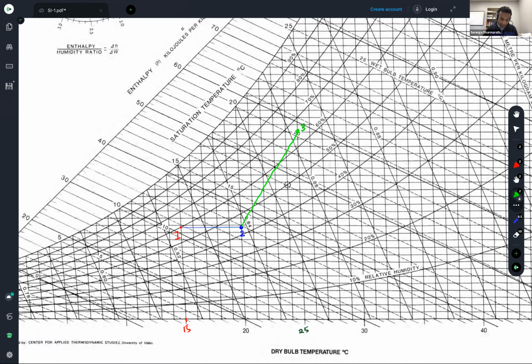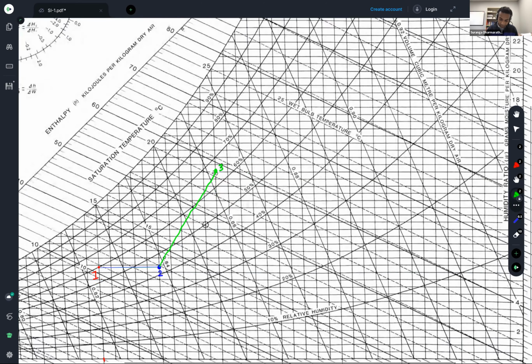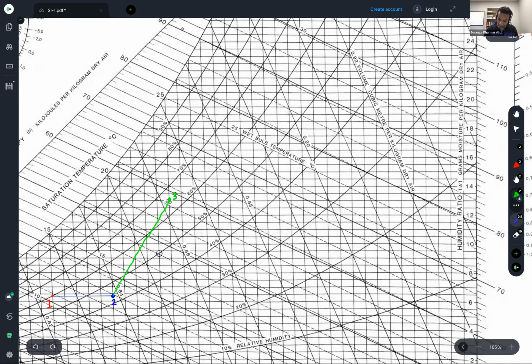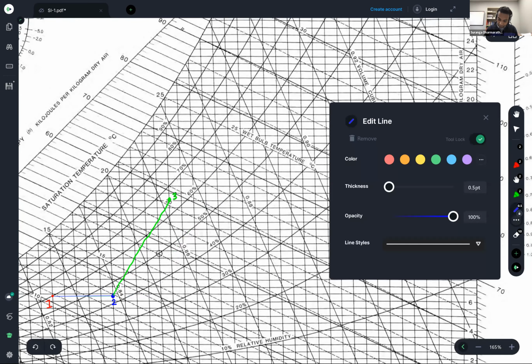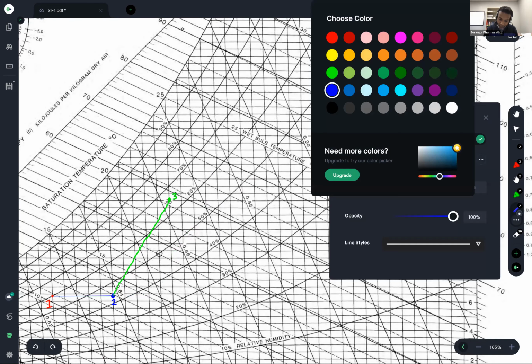And also we can find what the omegas are. So I pick this color.